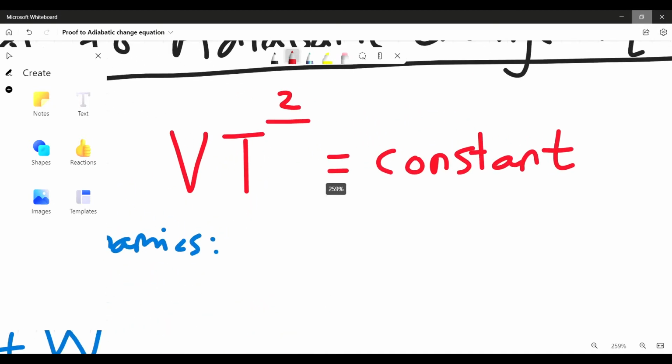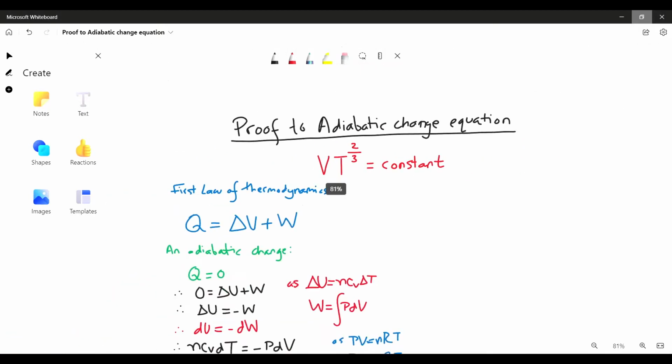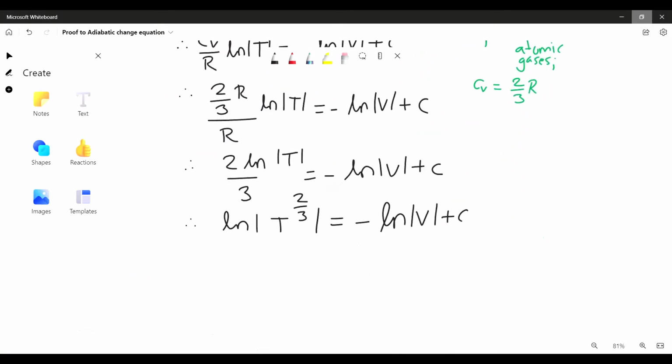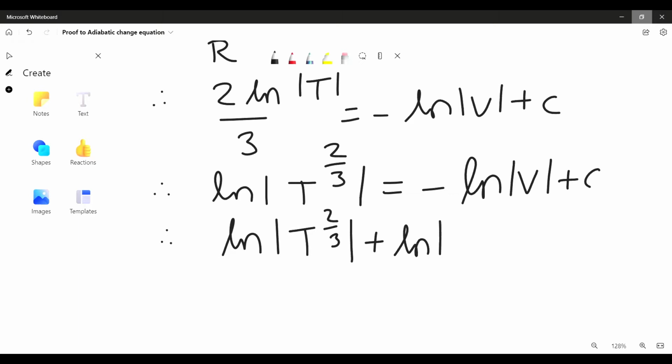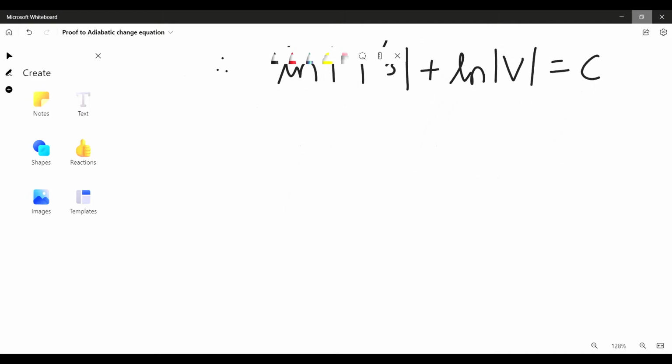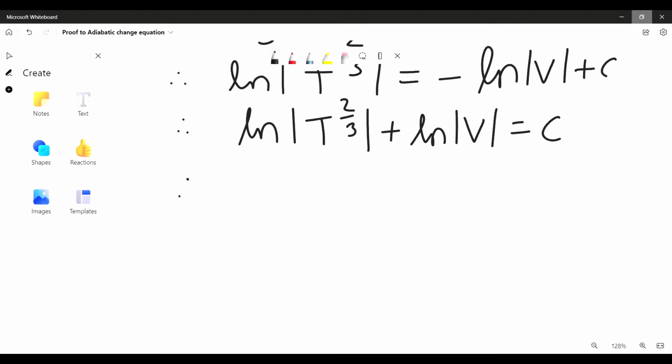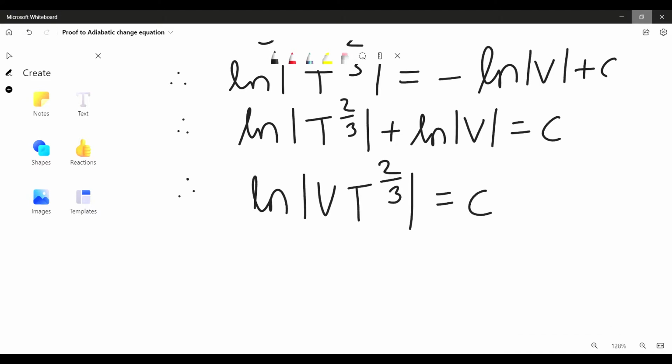We can correct it. And we're almost there. Now we can just say, therefore, the ln of T to 2 over 3 plus ln V is equal to c. And again, by just basic exponent laws, or in fact logarithm laws, V T to 2 over 3 is equal to some c.